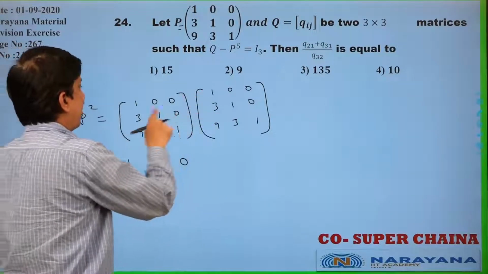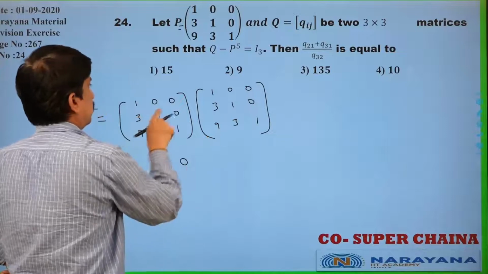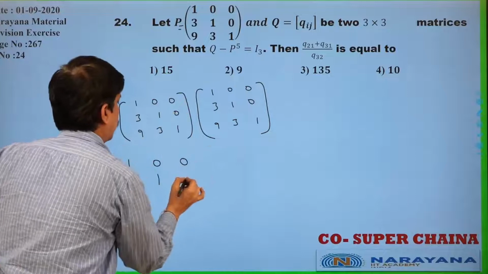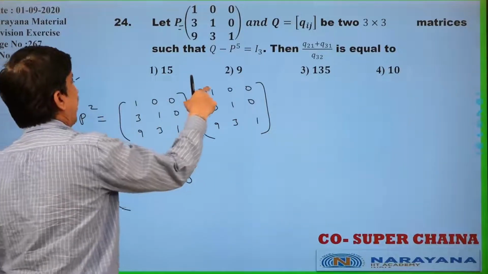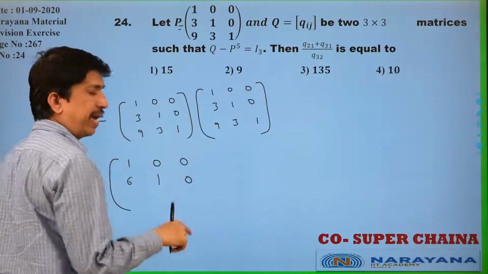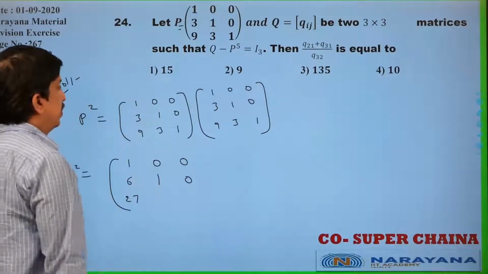Second row, third column, 0, 0, 0, we got 0 only. Third row, first column, 9, 3 3 is 9, plus 1 into 9, 9, 9, we will get it as 27.